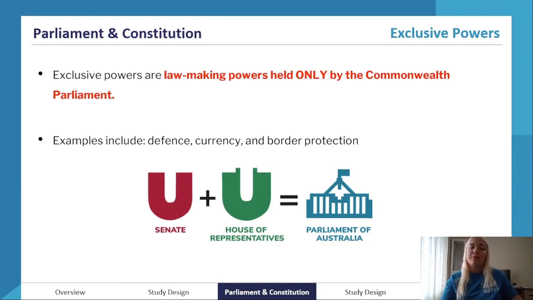Okay, so these really are only the areas that relate to things like international trade and currency and domestic issues.